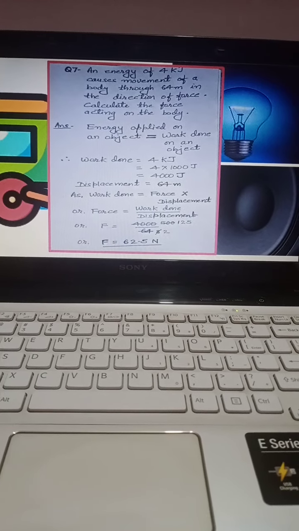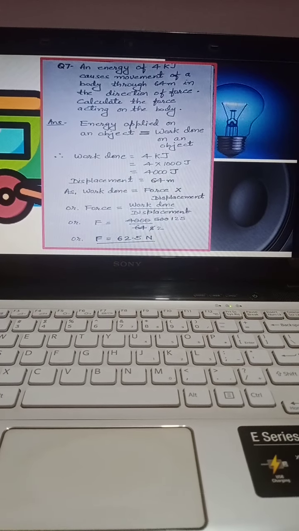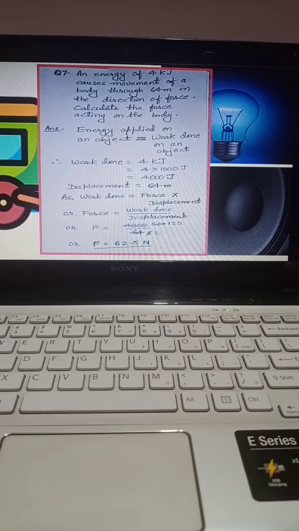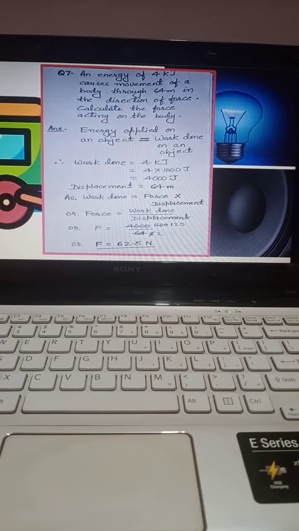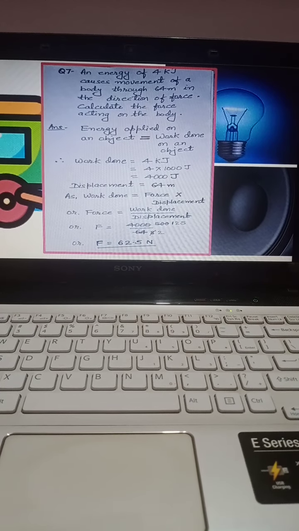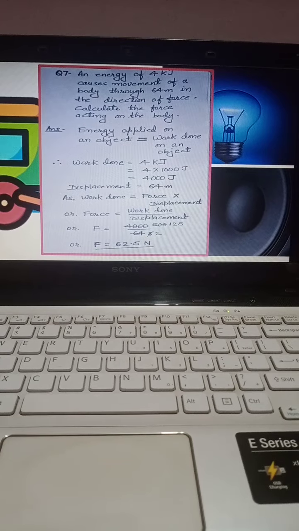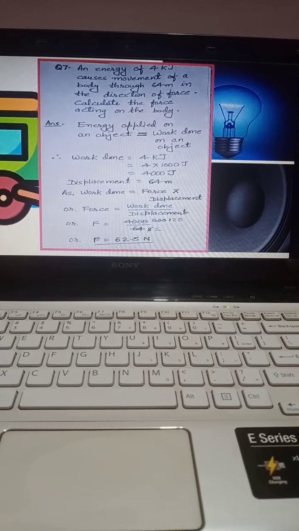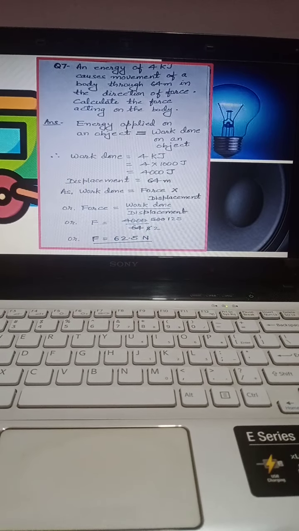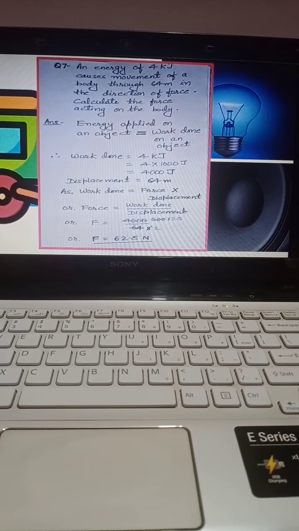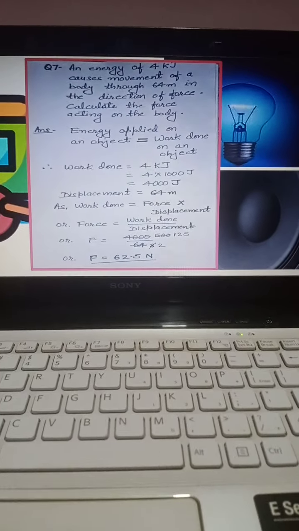So next, question number 7. An energy of 4 kilojoule causes movement of a body through 64 meter in the direction of force. Calculate the force acting on the body.